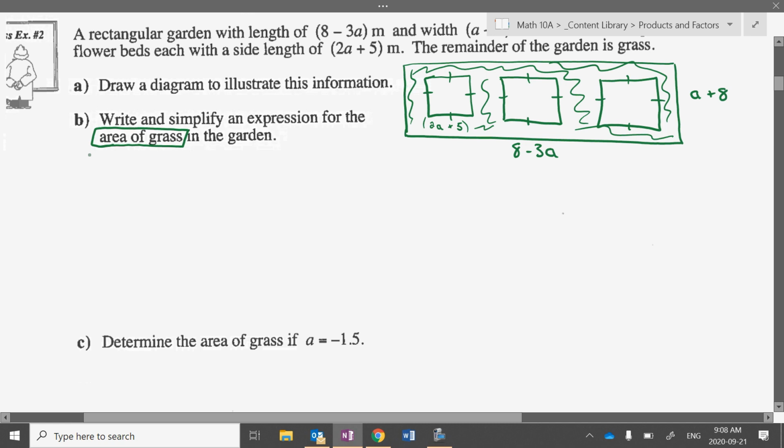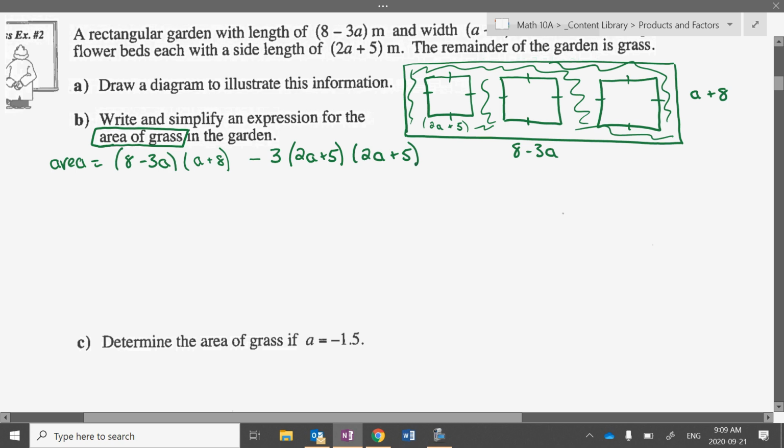So our large rectangle is going to be length times width, so 8 minus 3a by a plus 8. From that, I'm going to take away 3 of those squares. Those squares are 2a plus 5 by 2a plus 5.